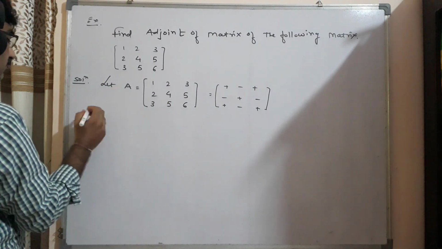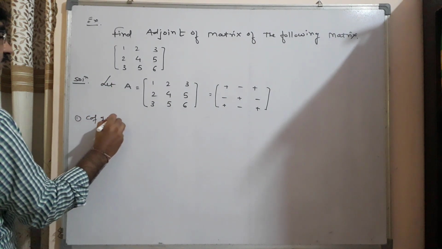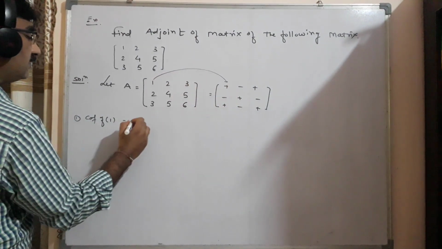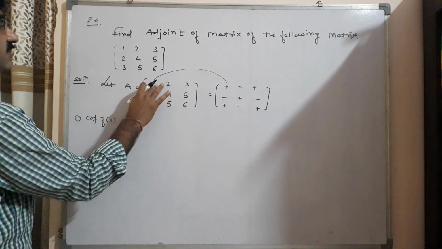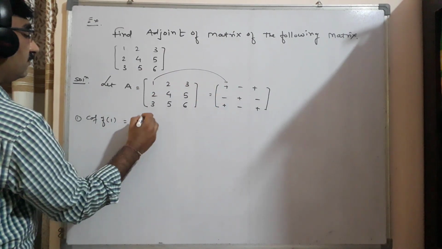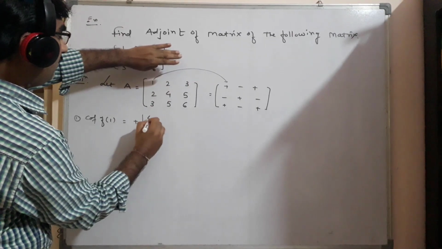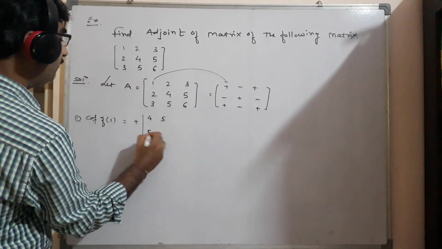So now cofactor of 1. How do we find out the cofactor of 1? First we see the sign of the first element. The sign is plus. Now you drop this row and this column and write down the remaining elements in the form of a determinant.